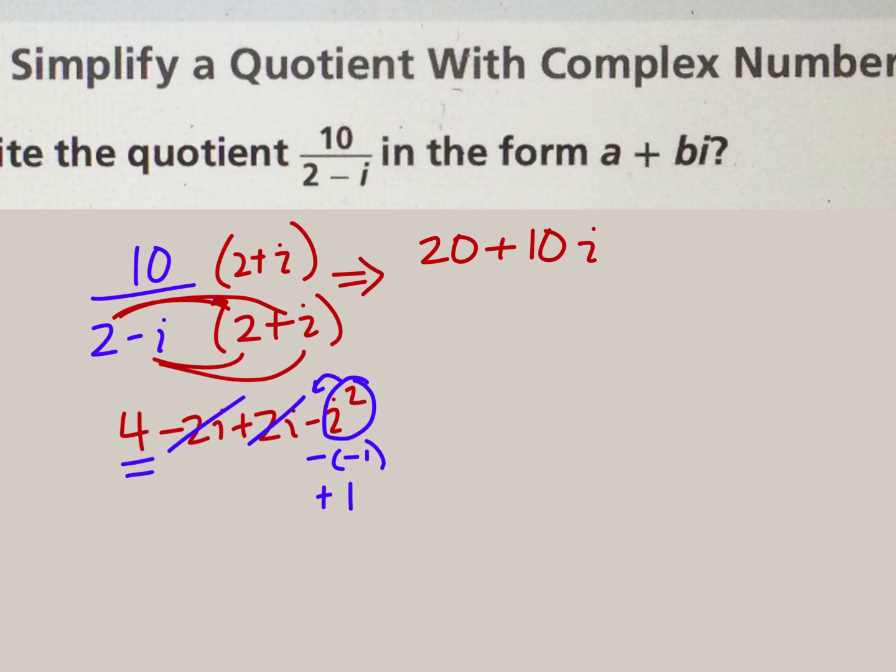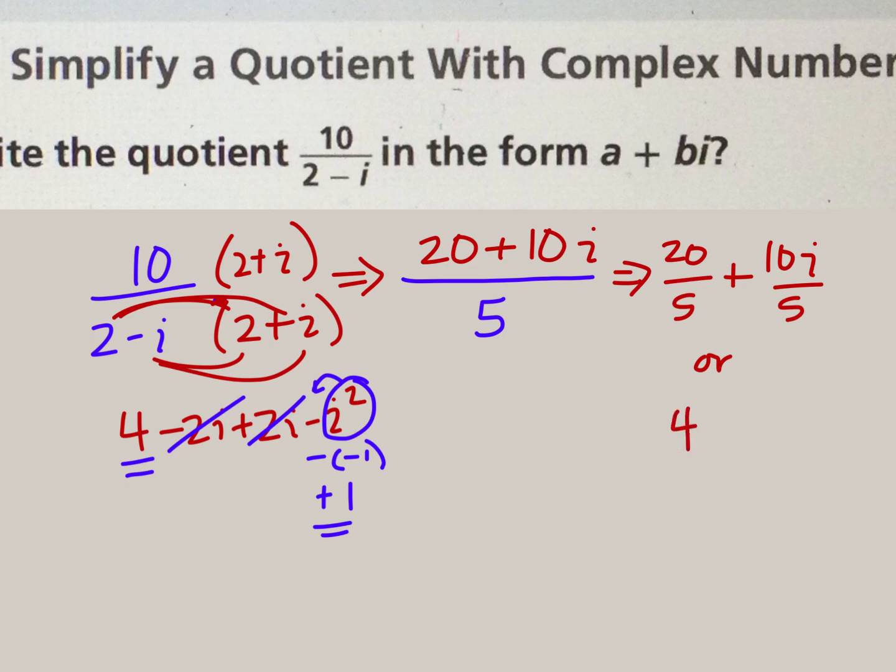So if I combine, I have 4 plus 1, which means my denominator here is 5. Now I want to split this up so that I can write this a little bit better. This is the same thing as 20 over 5 plus 10i over 5, or simplified, that's going to be 4 plus 2i.